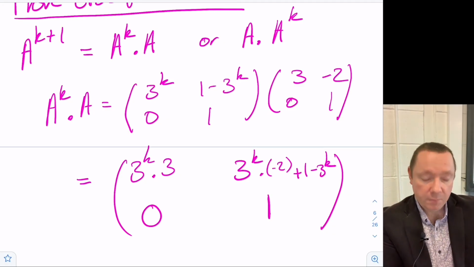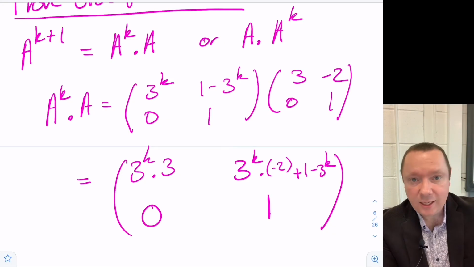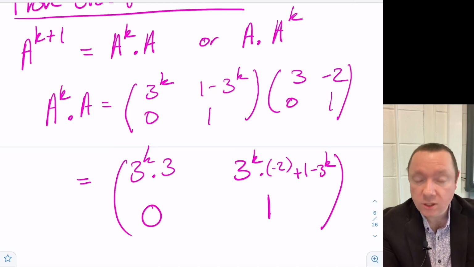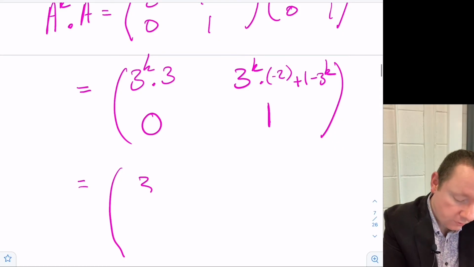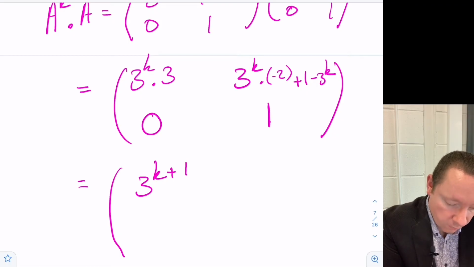So we need to tidy that up and make it look like A to the k plus 1, so we need k plus 1s appearing. So our first element, 3 to the power of k times another 3 is 3 to the k plus 1. Our second element, we've got minus 2, 3 to the k plus 1, then minus 3 to the k.